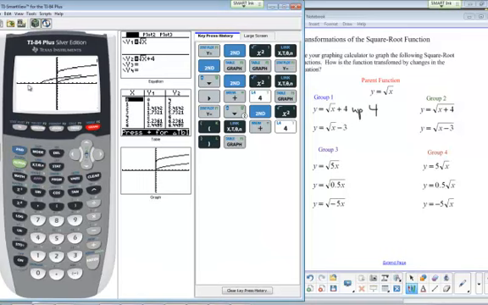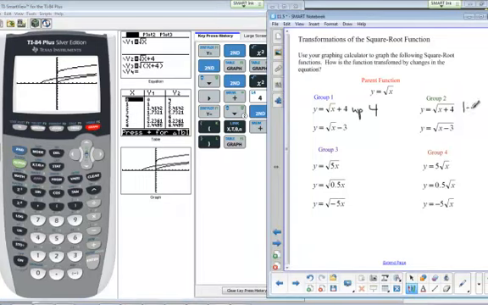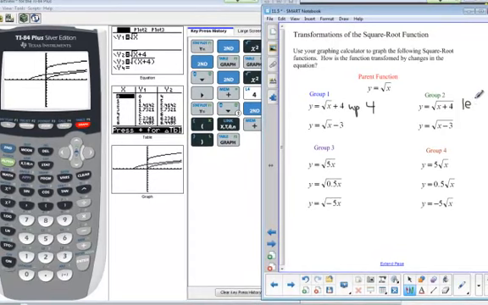And that shifts it left 4, very similar to what the quadratic equations did. Because negative 4 is what makes this 0, and it needs to be 0 or more to be able to take the square root and get a number that will work.